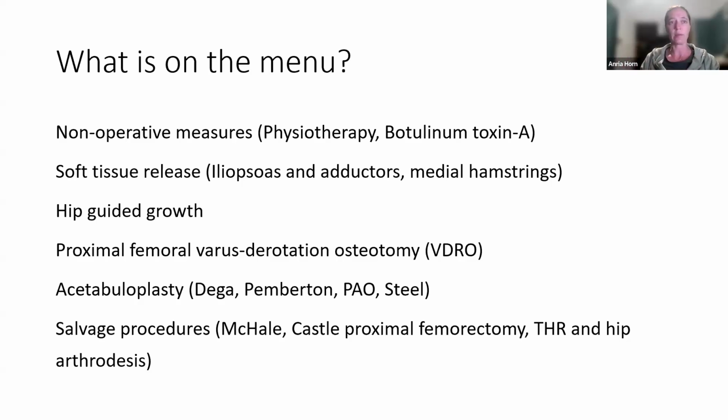Hip-guided growth, I now routinely include in the soft tissue package, and I'll show you some extras of what that entails. Then as the migration index progresses, a varus rotation osteotomy, some form of acetabuloplasty, I prefer a Dega. And then as a last resort, when the hip is already out and in a horrible condition, there are salvage procedures where you basically excise the hip joint and then potentially arthroplasty.